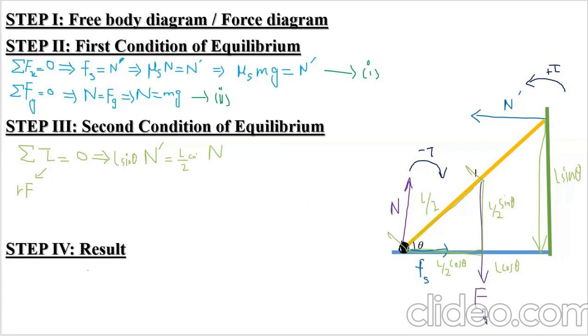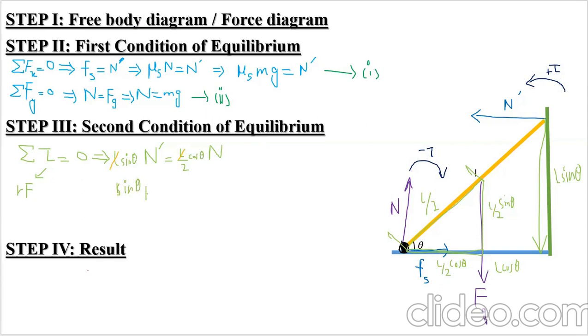Now, in the next step, we will substitute the values of n and n prime from equations 1 and 2. Firstly, we will cancel this L with this L. Now we substitute the value of n prime in sine theta n prime. So what is n prime?